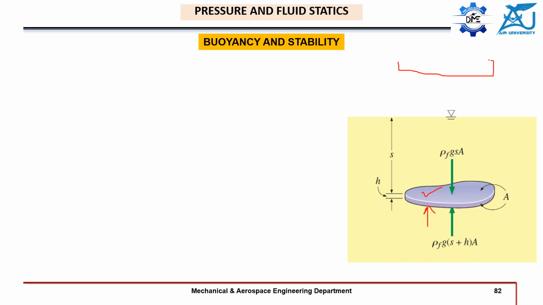If I take the side view, it will be something like this, and there will be some force due to pressure at this point. Let's call it F2 for our ease, and there will be some force at this point, and we call it F1. Or there will be some resultant force acting on this whole area. I'm talking about that hydrostatic force.